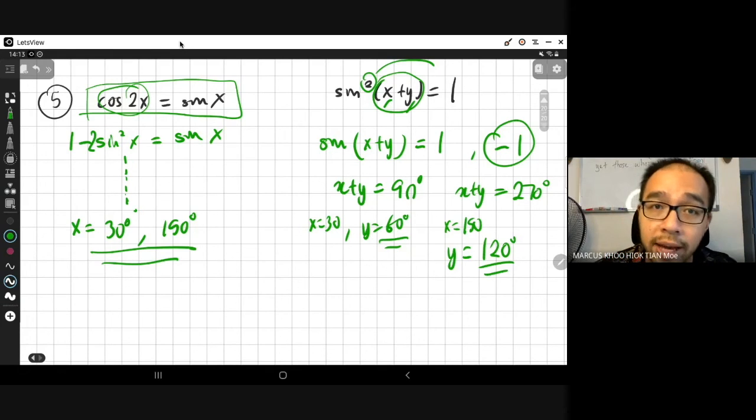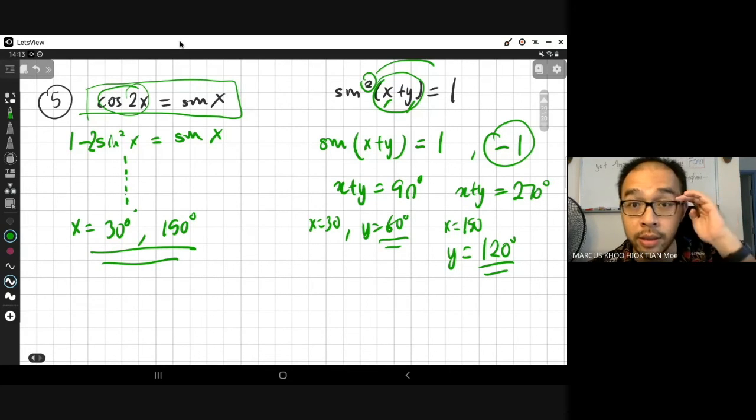2 of x and 2 of y. Hold on, let me just see whether we can use 90. x is 90, y is 190, no, 160, 180. No, cannot. Okay, let's keep it at this.